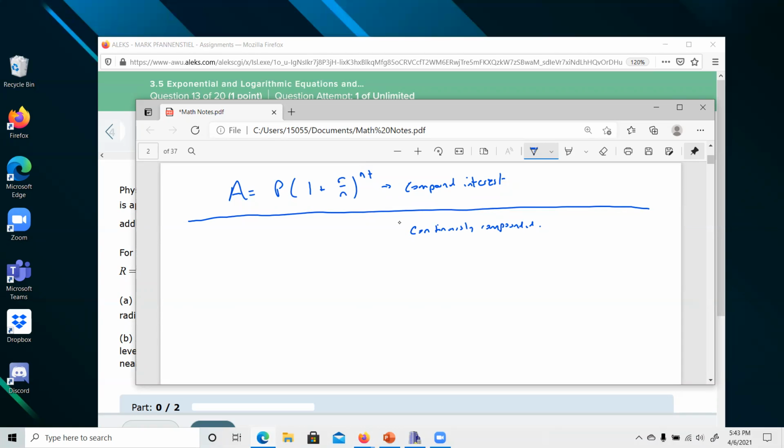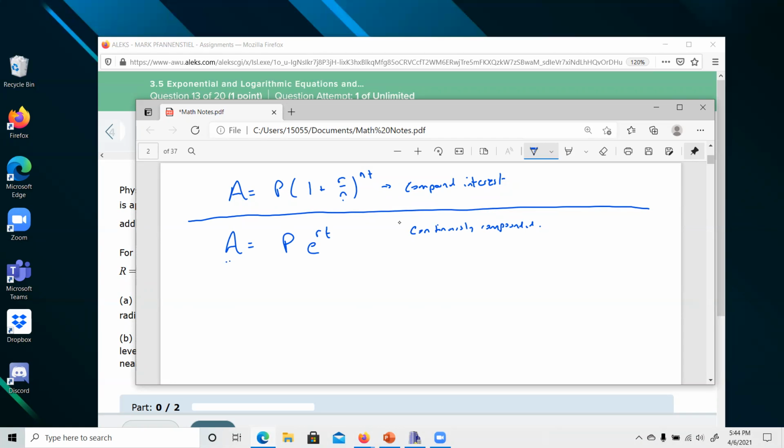The fact that it's continuously compounded has some effect, but not as much as people might think. And that formula is A is equal to P e to the rt. This whole thing here turned into an e. That's how we came up with this number at the beginning, was we kept making n bigger and bigger and bigger, to the rt.